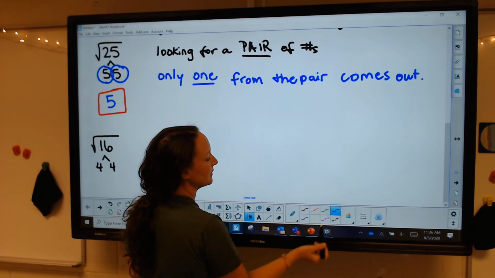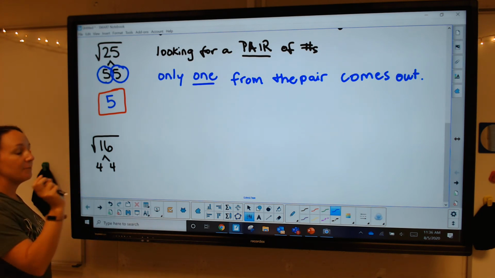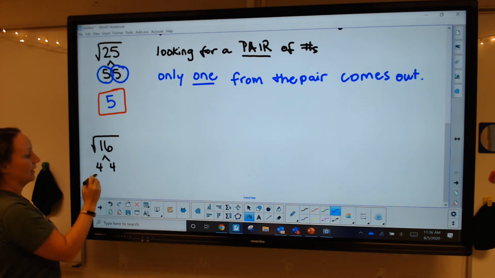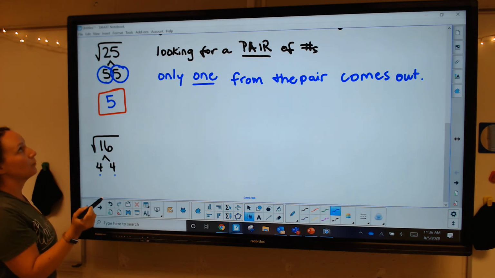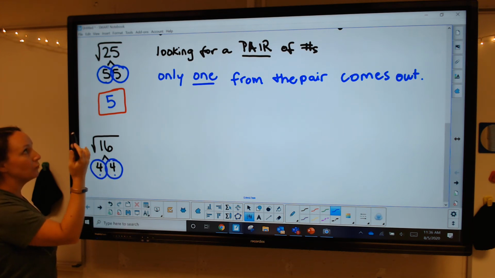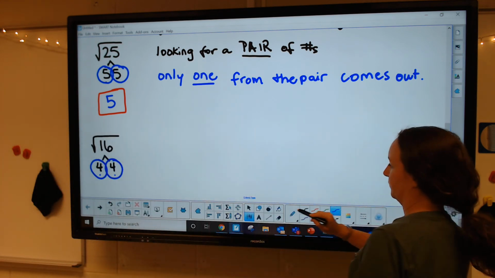And then I realize those aren't prime factors, but this will be one of our approaches to simplifying this. I have a pair of numbers with nothing left over. And I have one 4 here and one 4 here. Only one of them comes out as my answer.